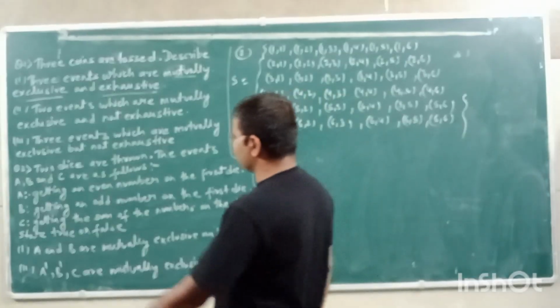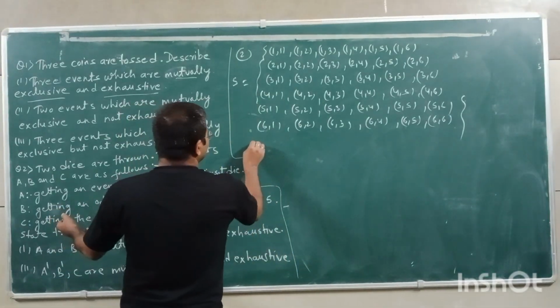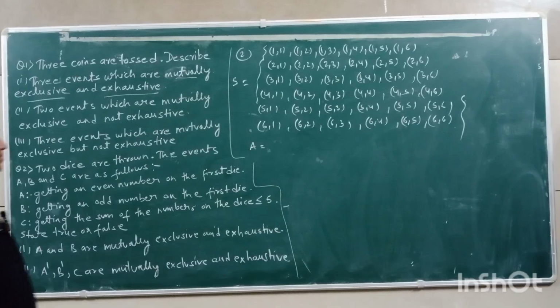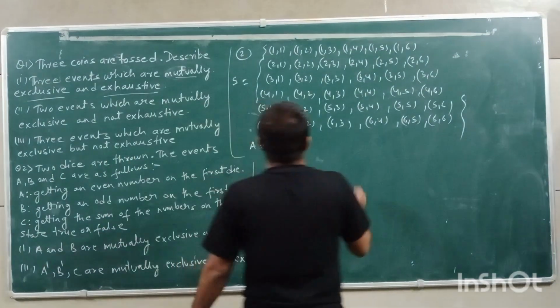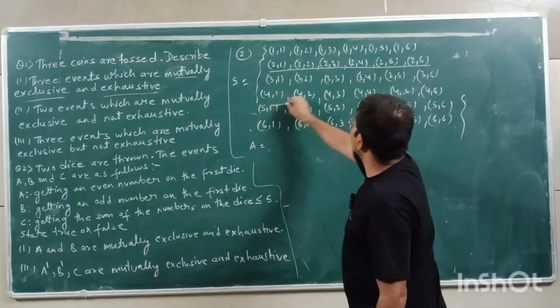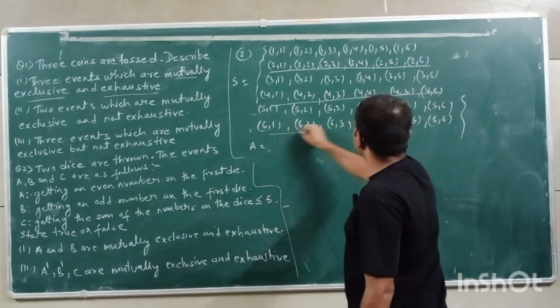Now let us see what the event is saying. A is getting an even number on the first die. So this line, this line, and this line.